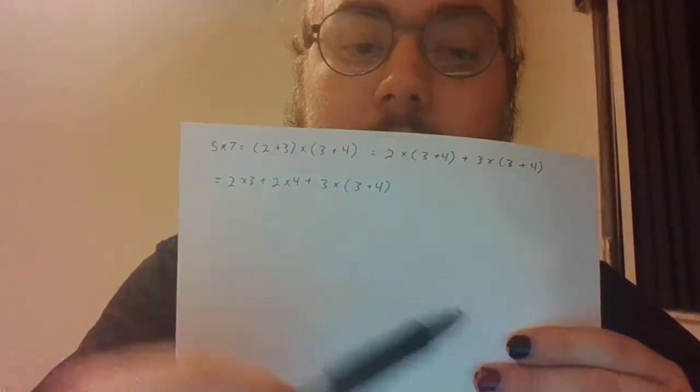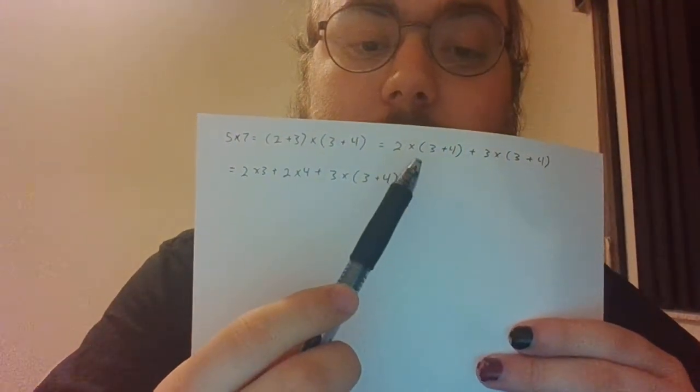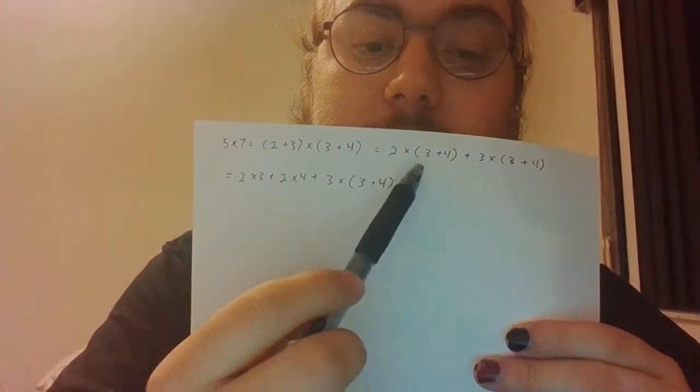But even this isn't broken down as much as it could be. So I'm gonna just break down half of it. 2 times 3 plus 2 times 4 plus 3 times 3 plus 4. So I've just broken down this part the same way I did the previous step.